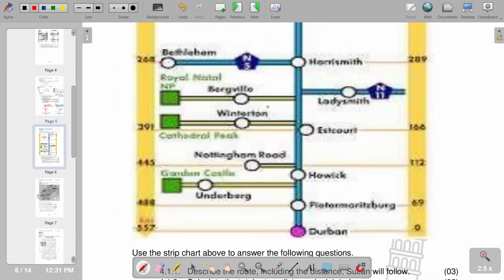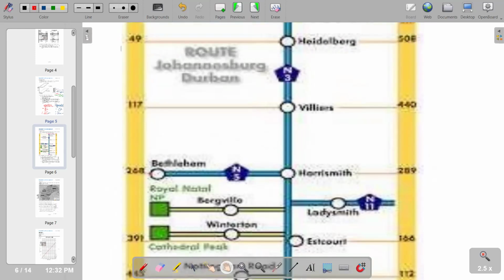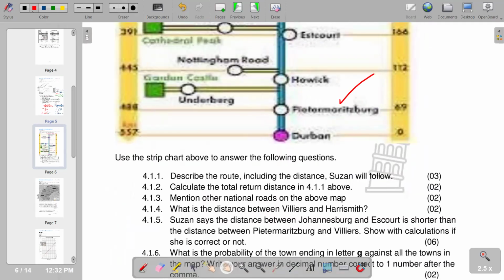So the route is this way, whereby we use the N3. So in our response, we say N3.